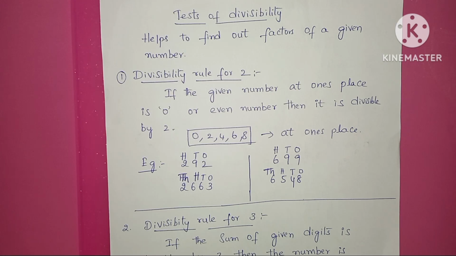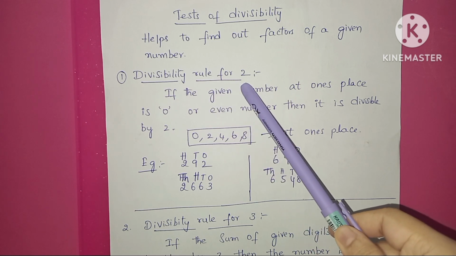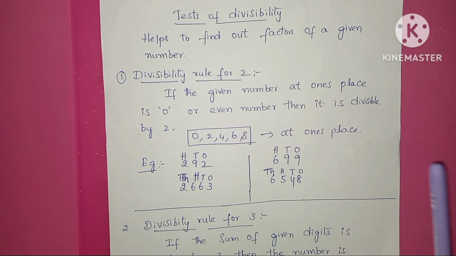So there are some rules to identify whether the given number is divisible or not. For example, there are different rules for different numbers.